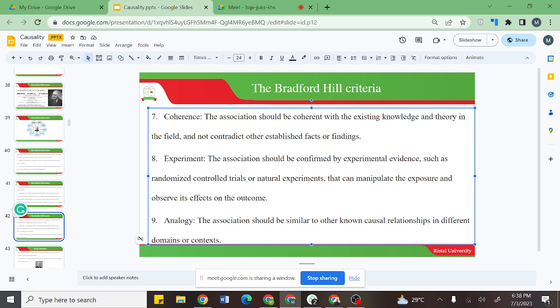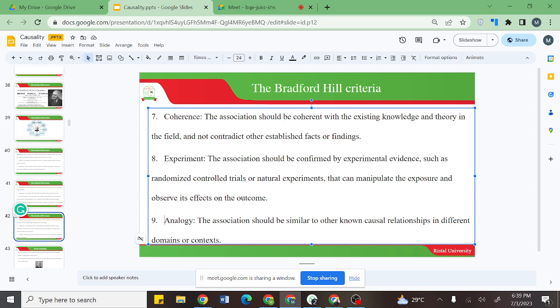Analogy is on the fact that the association should be similar to other relationships in different domains or contexts. Okay? For example, let us say a given factor X causes a person to have anemia.